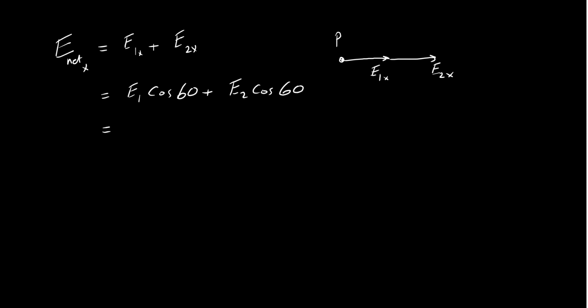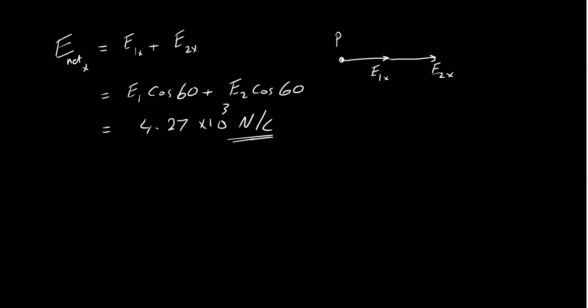They are exactly the same amount, so it's like times 2. That will give me back 4.27 times 10 to the power 3 newtons per coulomb. So that will be the total electric field on the x-axis.